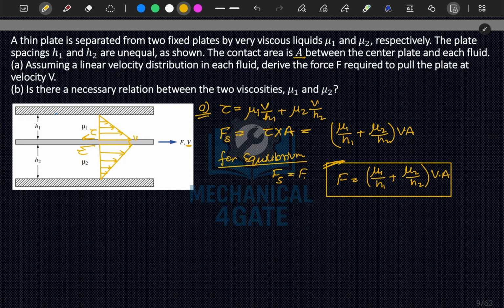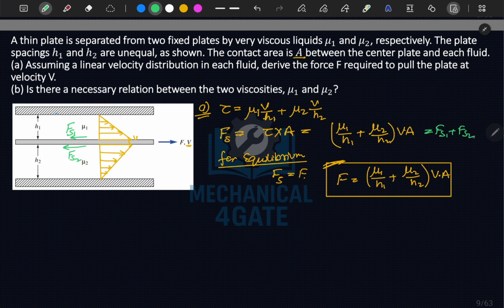Now second part, is there a necessary relation between two viscosities mu1 and mu2? So while we're doing this, we can also write like this: here it is Fs1, shear force 1, and here it is Fs2. So Fs will basically be Fs1 plus Fs2.